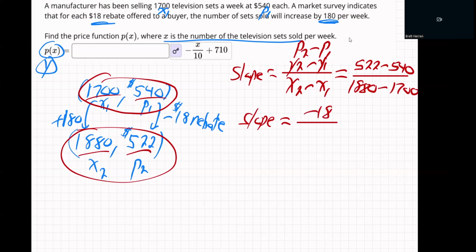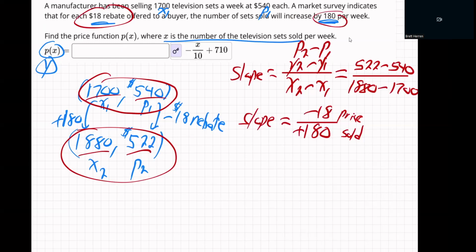It's minus 18 over 180. And we really could have guessed that: $18 rebate, down $18 in the price, 180 more sold. That's the slope. That's the linear relationship.